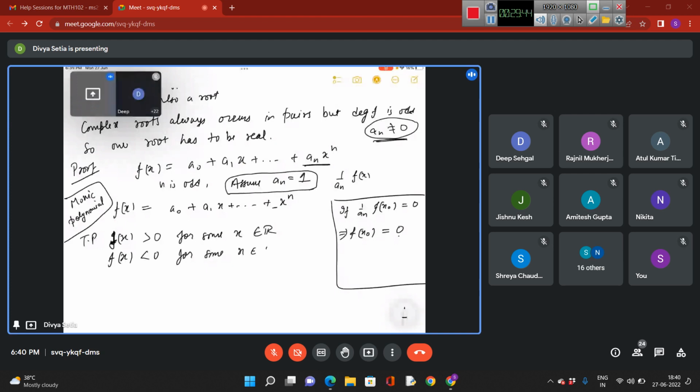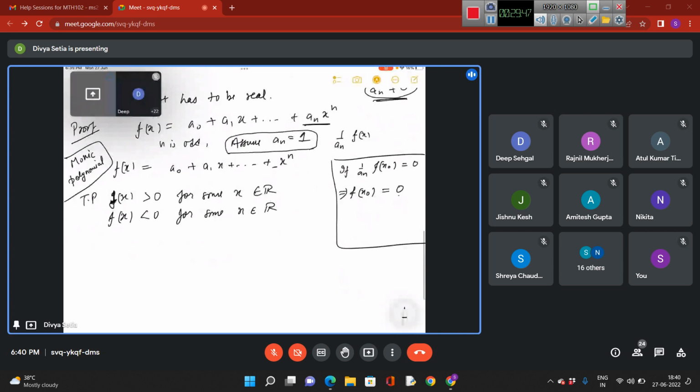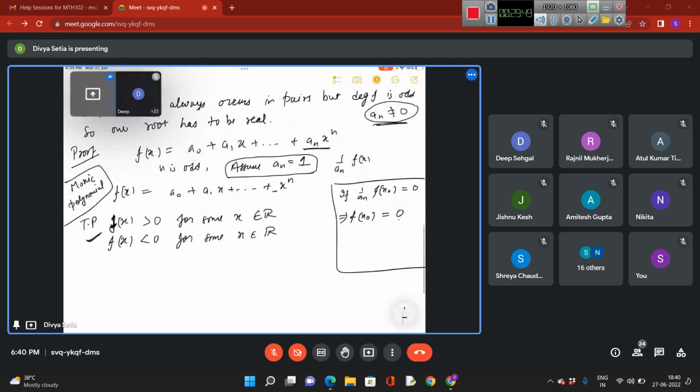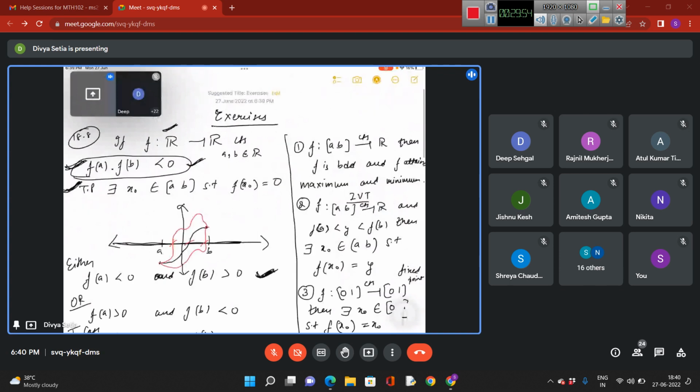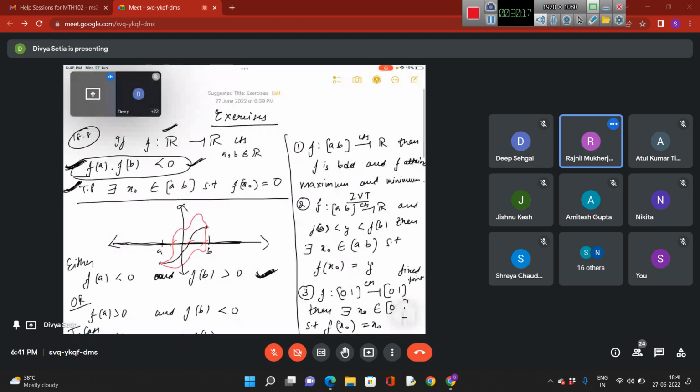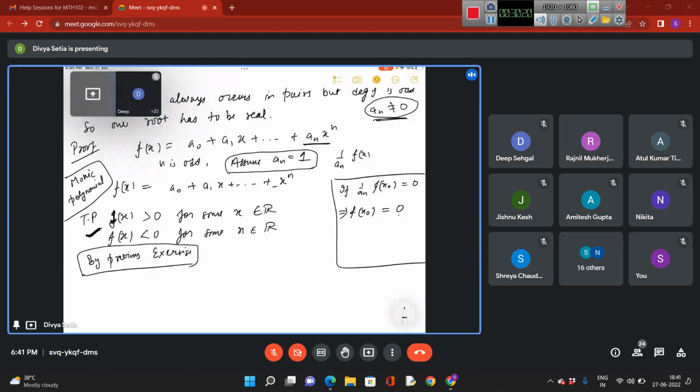Because if this thing holds true, then by previous exercise, we know that there exists an x naught such that f of x naught is 0. There exists a real root. So by previous exercise, it's done. Because there's no previous exercise in the exam.